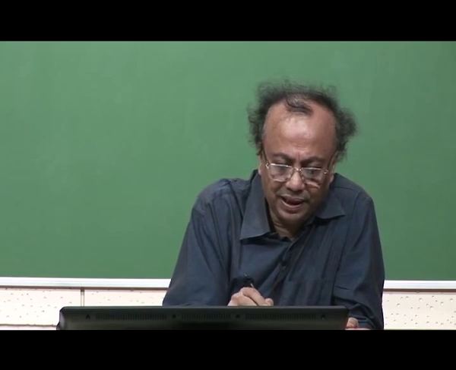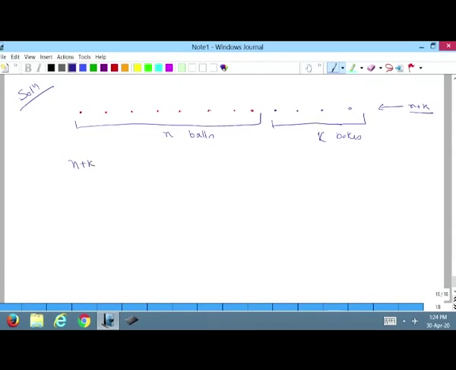So, n plus k elements can be put in k boxes such that none is empty is n plus k minus 1 C k minus 1, and I claim that that is the number of solutions.